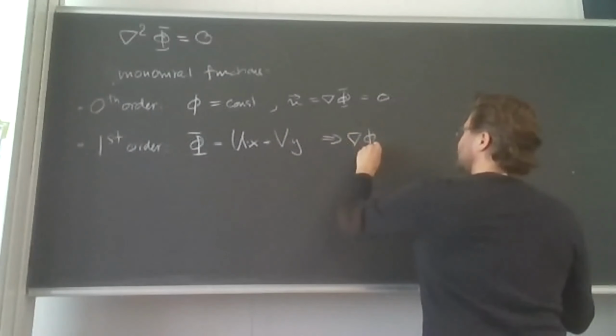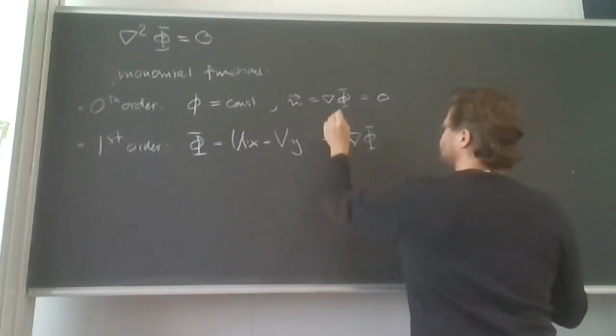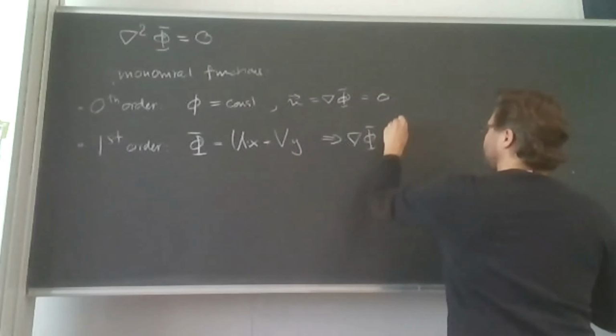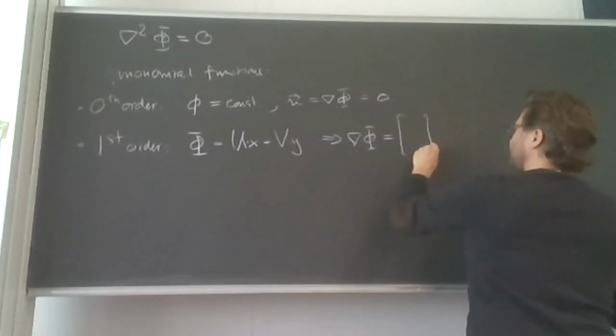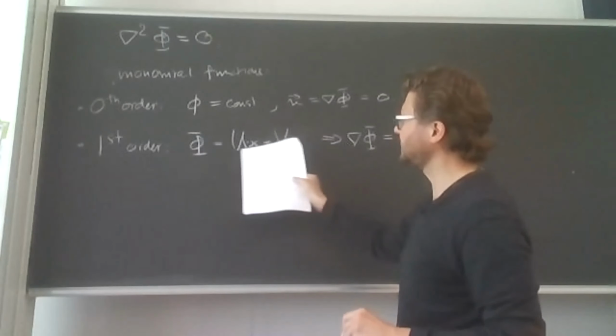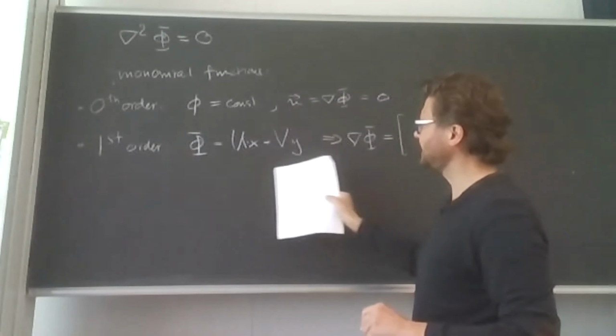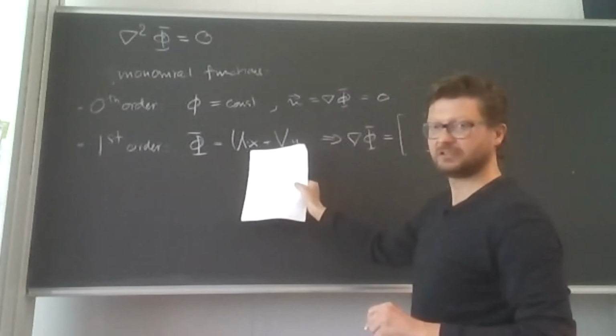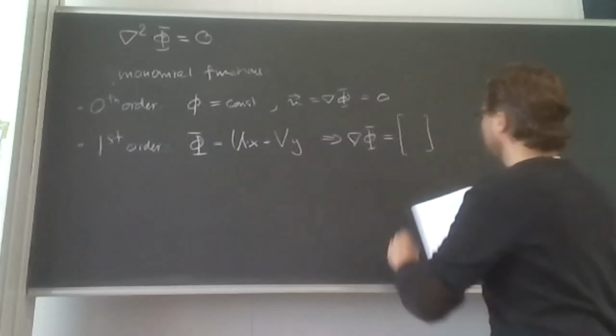The gradient of phi is, well, d phi dx is just U. This one is 0.